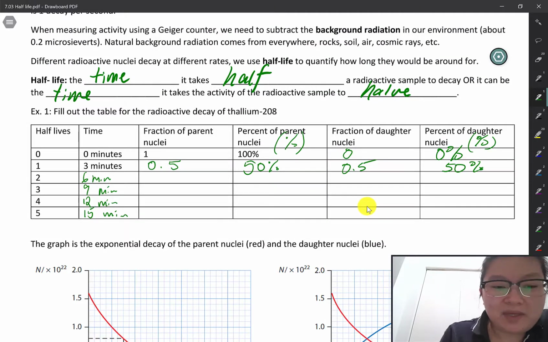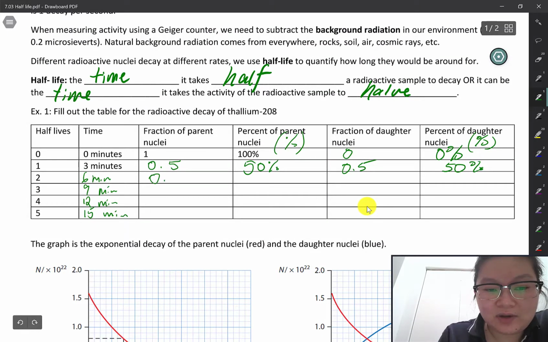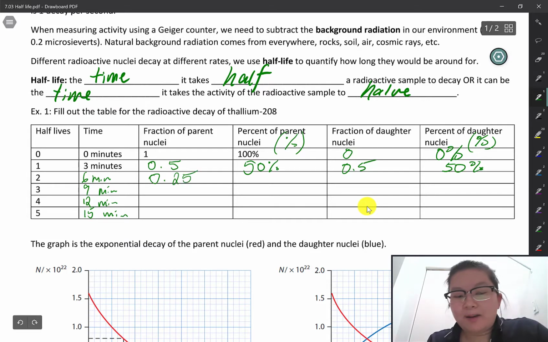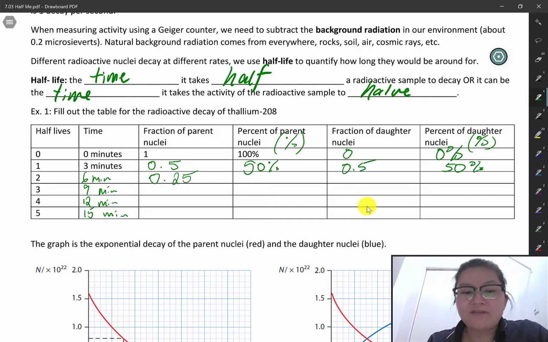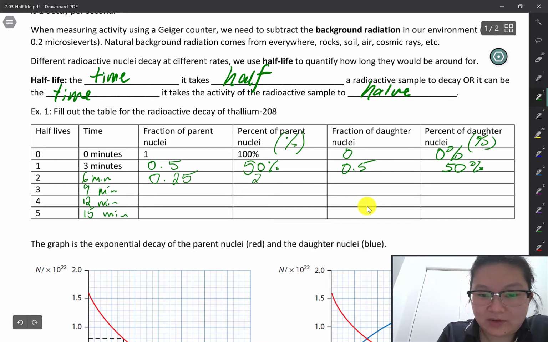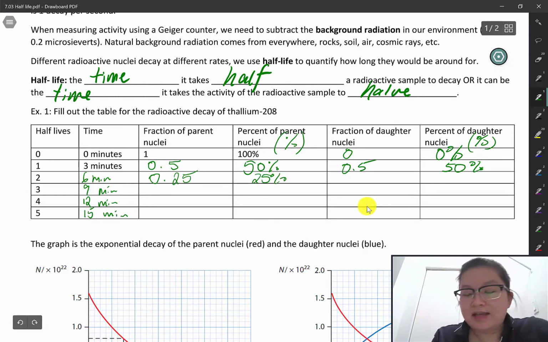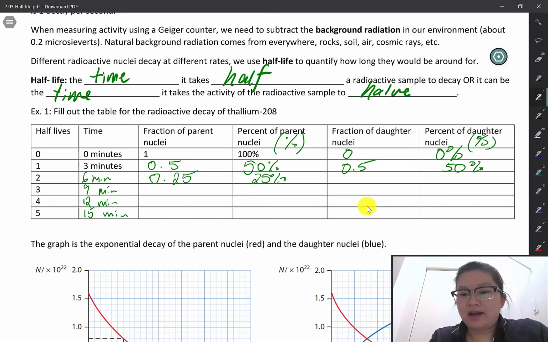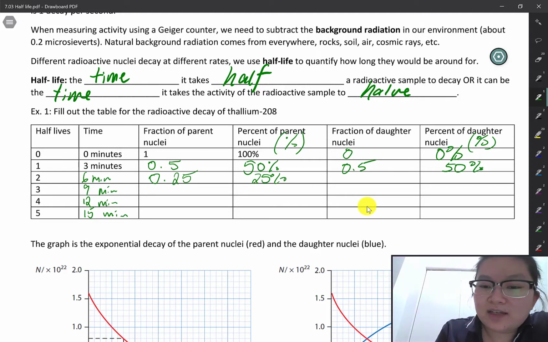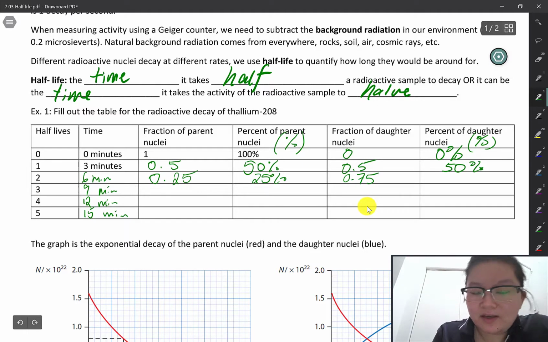Half of 0.5 is 0.25, so 25% of the parent is left. For the daughter nuclei, we still have the 50%, but 25% more becomes daughter, giving a total of 0.75, which is 75%.